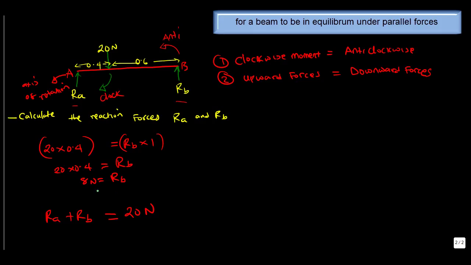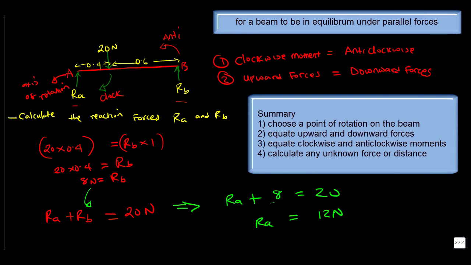And we've already worked out what RB is. That's 8 Newton. So we can substitute 8 Newton into the force equation: RA plus 8 equals 20. RA is equal to 12 newtons.